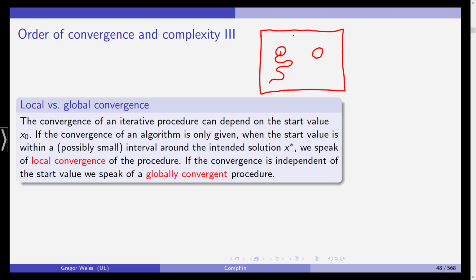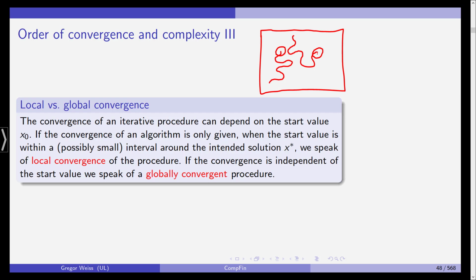If the algorithm starts out here, it might be that it gets close to this one, but then it converges to this one. So if these 2 points are equal, for example, if they are both minimal or both maximal, we have local minima and local maxima, local optima in general.